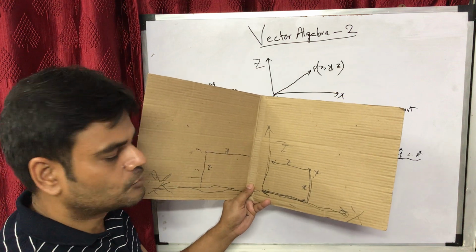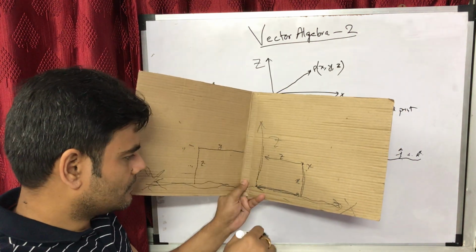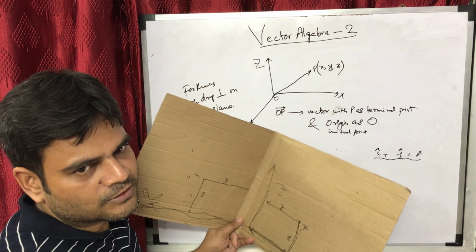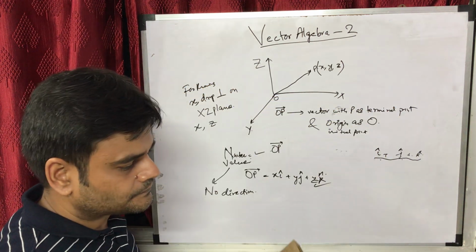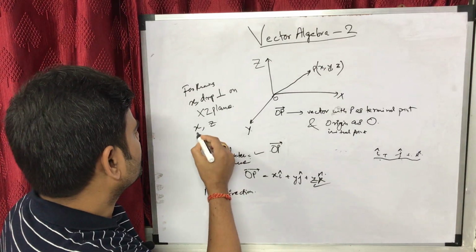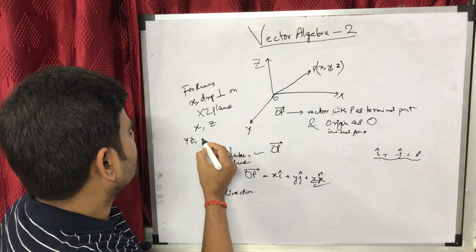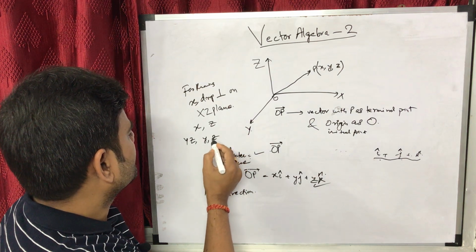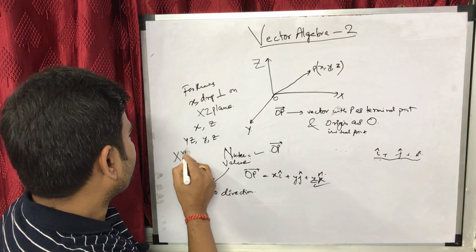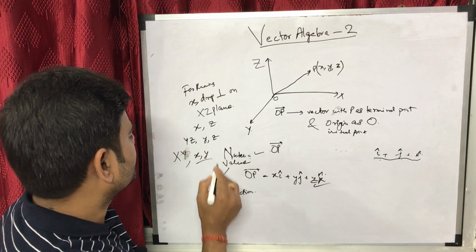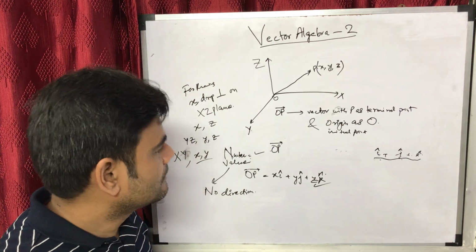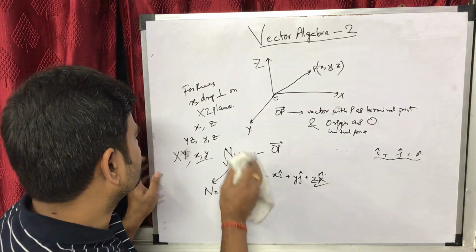So you have to drop two perpendiculars. If you drop a perpendicular on xy, you will come to know x and y both. So this is the formulation, try to visualize this. If you drop a perpendicular on yz plane, you get to know y and z, and that is all. If you drop a perpendicular on xy plane, you come to know x and y. This is one thing. Then we'll move on to direction cosines.